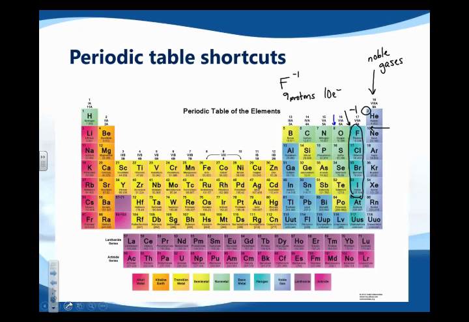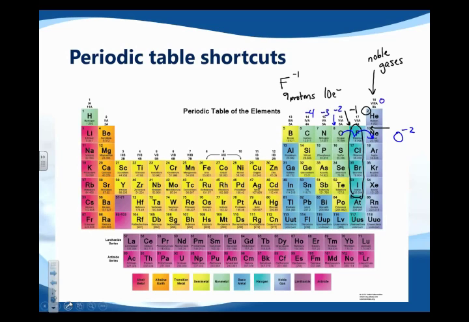It wants to be like neon, and we see that oxygen would just gain 2 electrons and be a -2 charge. Sulfur and selenium would also be -2s. If we follow our trend, then over here we should have -3, and over here we should have -4.